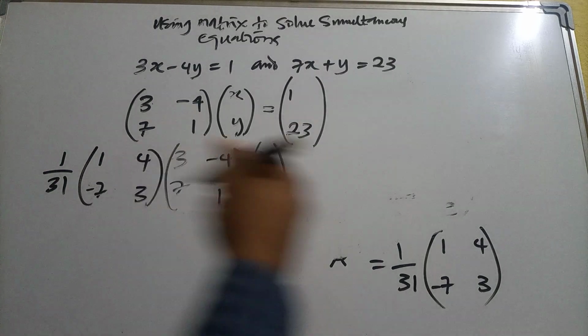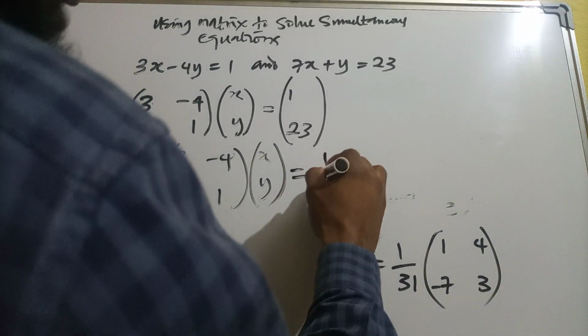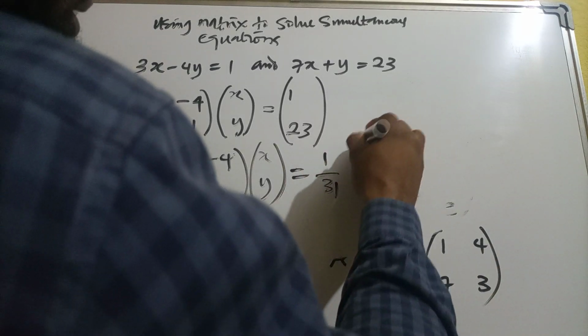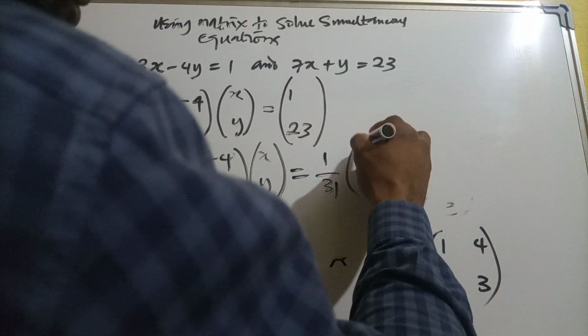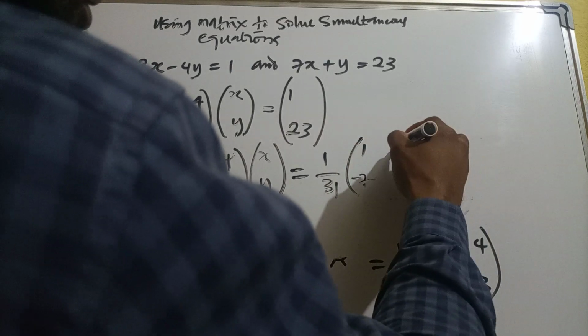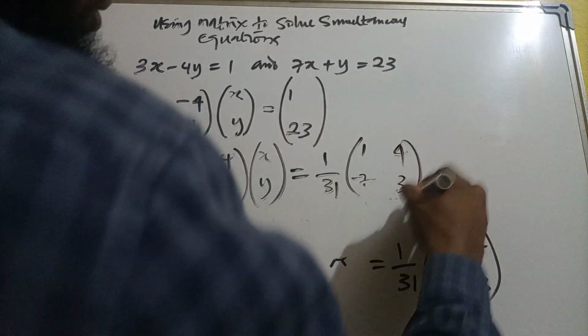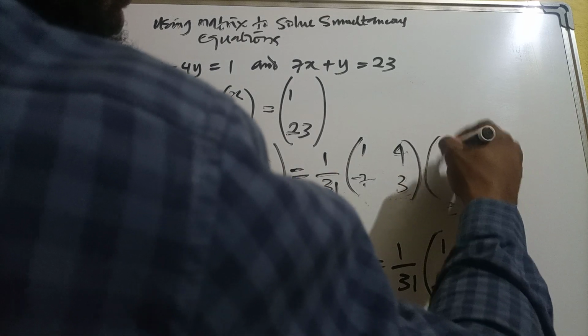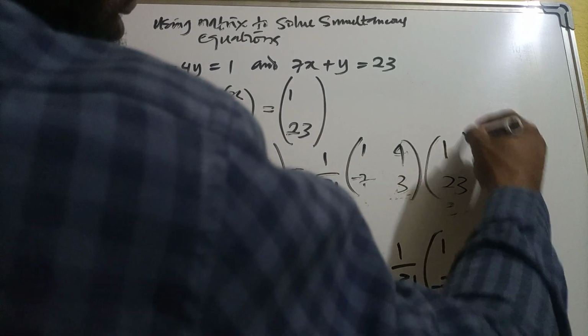Then we do the same thing on our right-hand side: 1 over 31 times 1, 4, minus 7, 3, times the column matrix 1, 23.